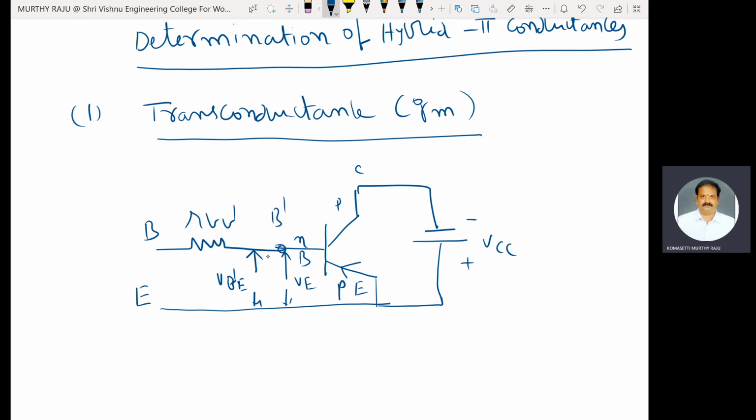The transconductance is nothing but the ratio of change in collector current due to small change in the voltage VB dash E.